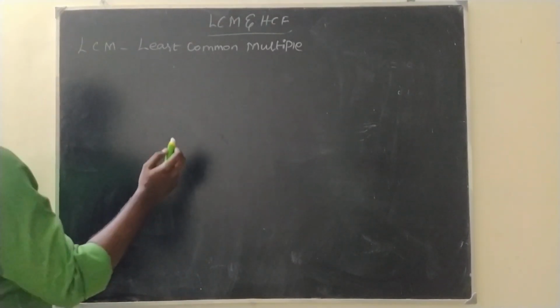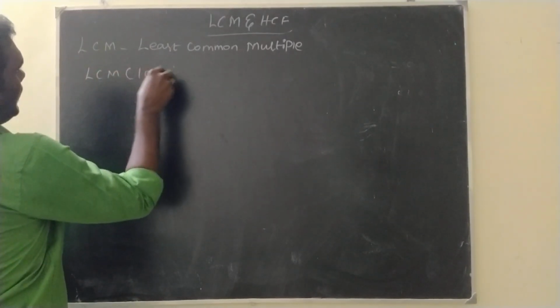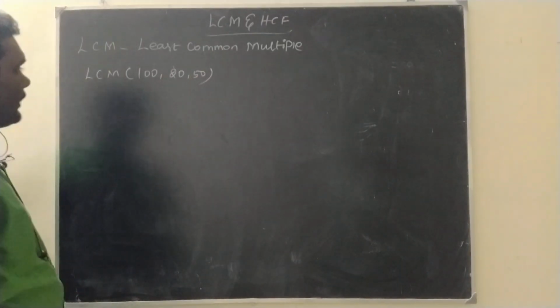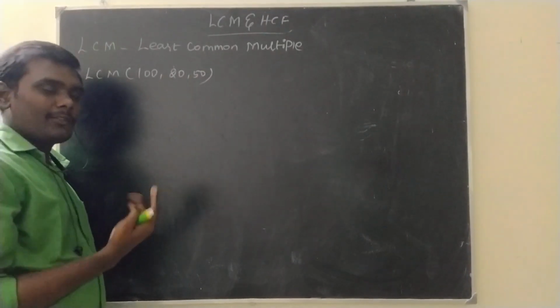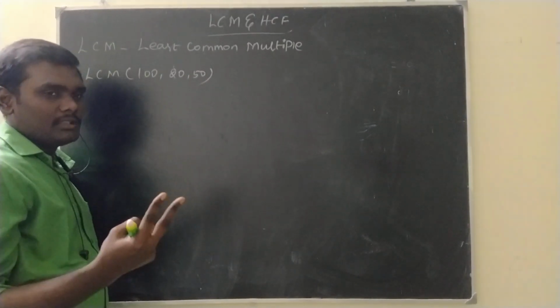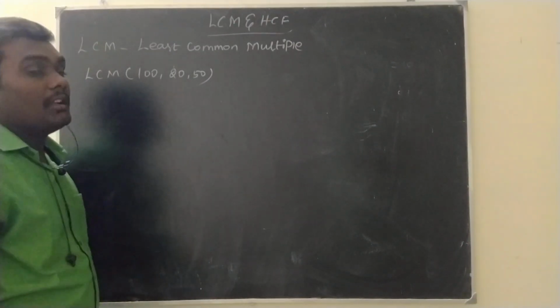What are all the numbers we have taken? 100, 20 and 50. First we'll write. This also has two methods. Actually 3 methods, but we're going to see only 2 methods. Okay. First method is by using the multiples.